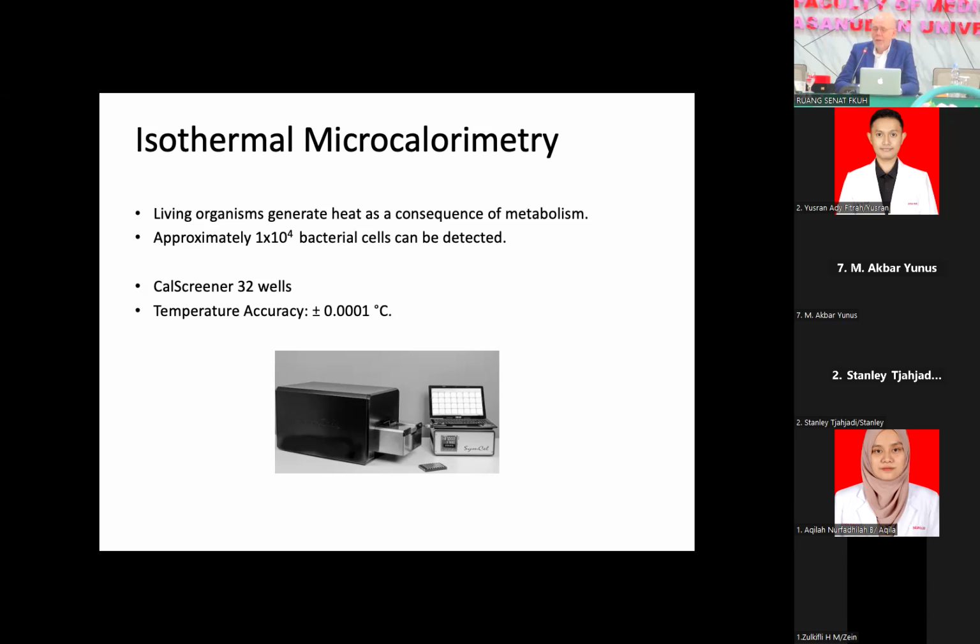This machine has 32 wells that can simultaneously determine whether energy is being produced, yes or no. The good thing is it's very, very sensitive, as you can see here. Roughly 10 to the power 4 bacteria are already generating enough heat to be determined.